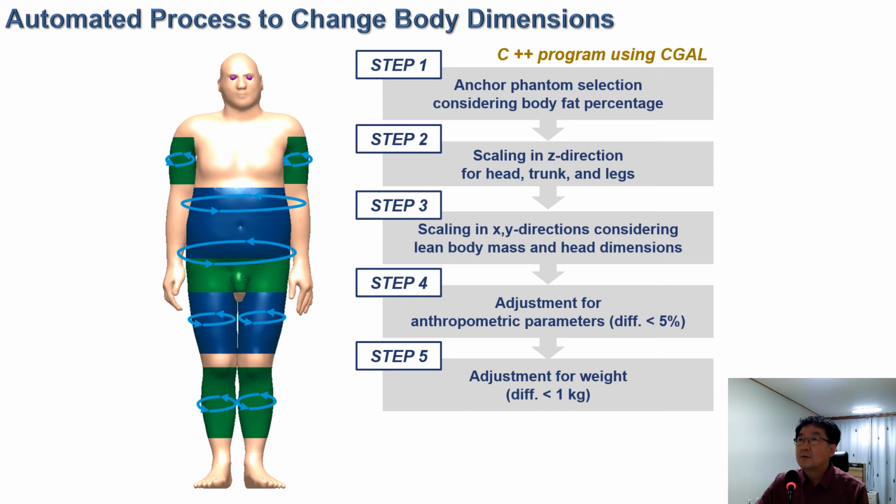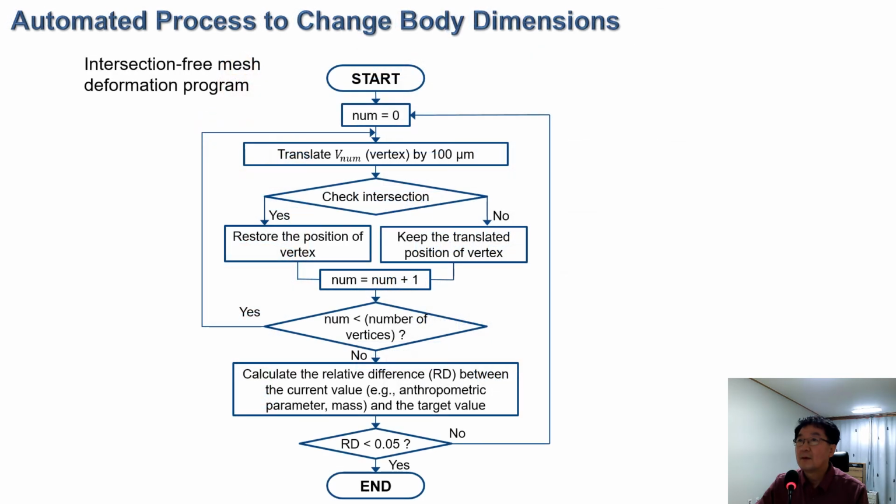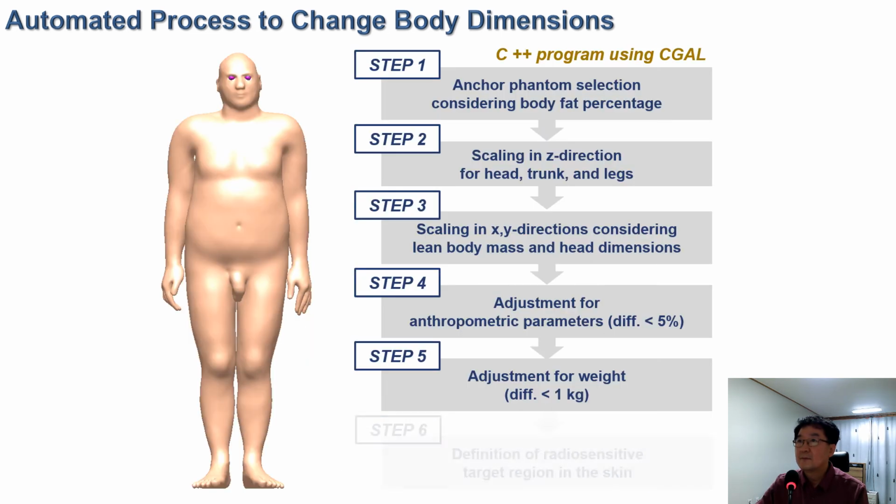Then the phantom was adjusted to match target values with 10 anthropometric parameters and total weight. For this, we developed and used an intersection-free mesh deformation program which deforms the phantom, avoiding intersection.